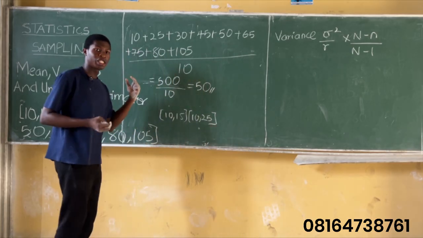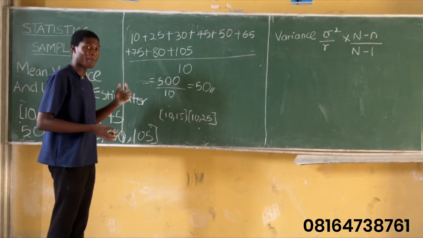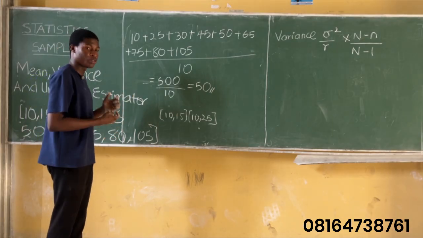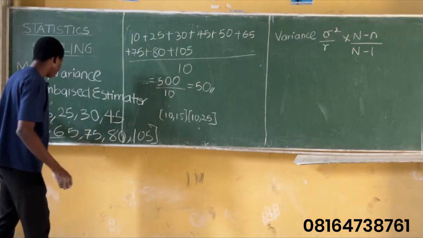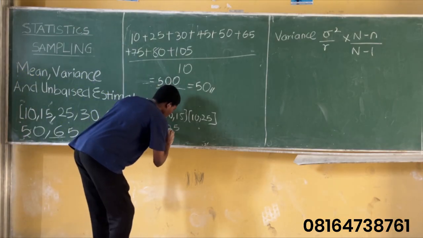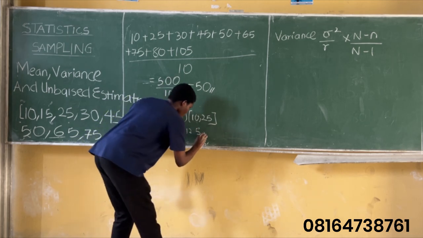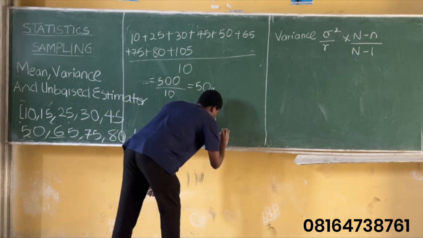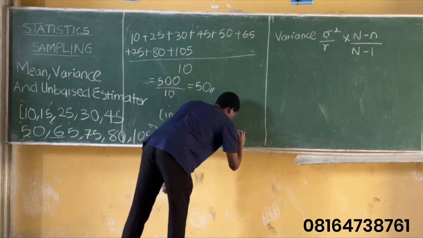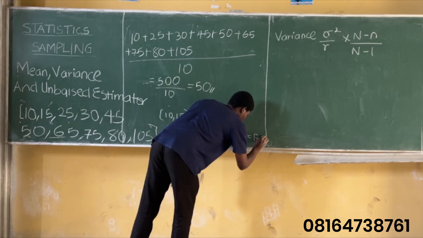Once we have written all the samples without replacement, we're going to add them up and divide by the total number of samples, which is 45. So 10 plus 15 is 25, divided by 2 gives us 12.5. And 10 plus 25 is 35, divided by 2 is 17.5.